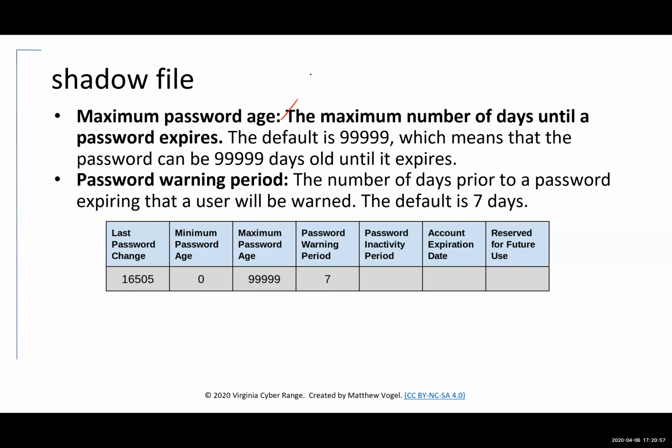So you could put in 90 days or whatever. Password warning period: this is the number of days prior to the password expiring that the user will be warned. So you can have this set up so when the user logs in, it says your password is going to expire in 7 days, and that tells them they need to go ahead and change their password.